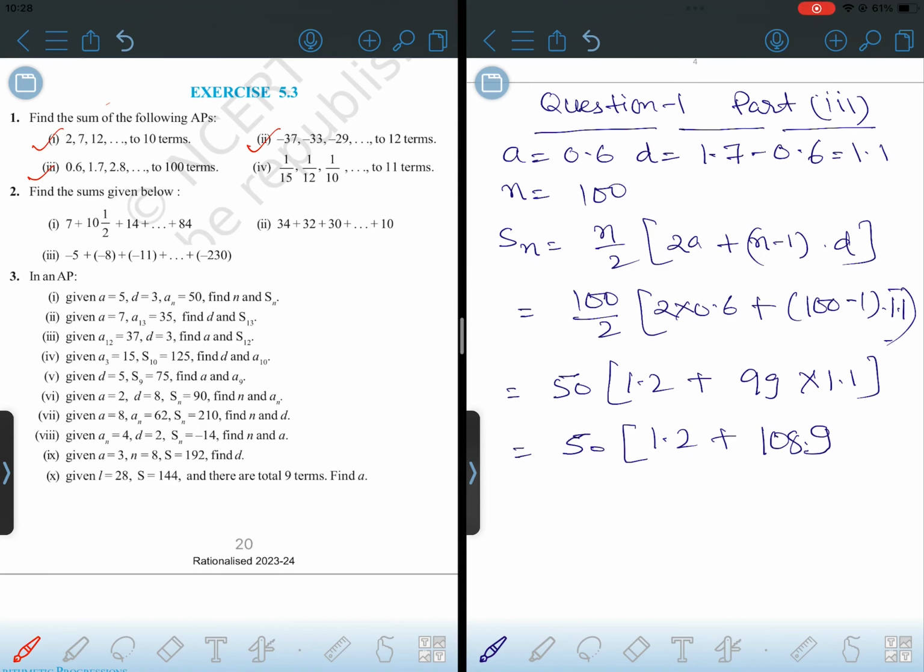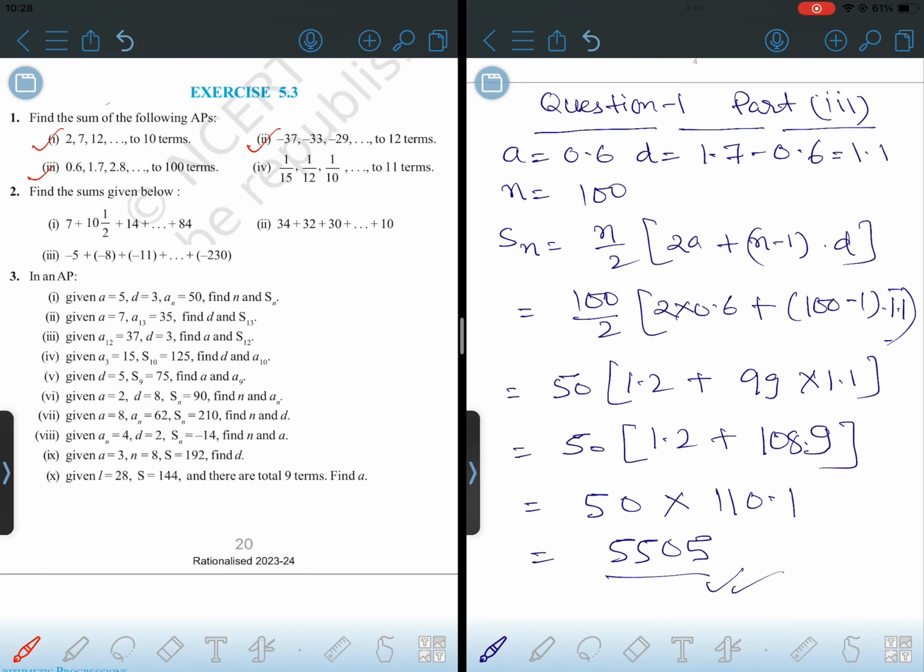So now we have got this value here. Then we can add both numbers, 50 into 110.1, and once you further solve this, that will give you 5505, right? So this is the sum of this AP.